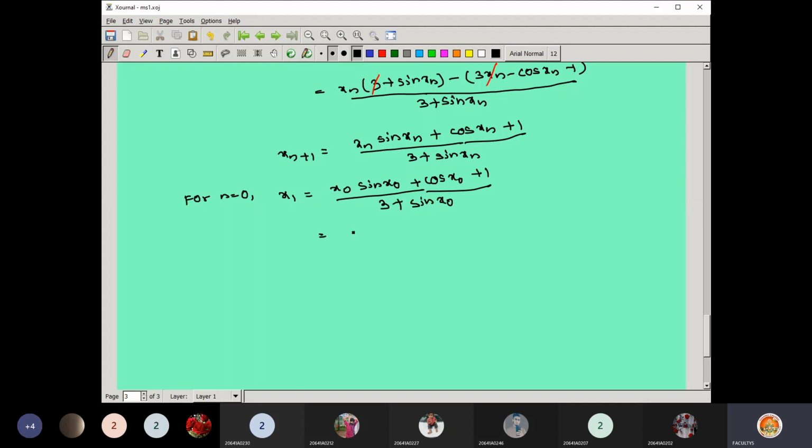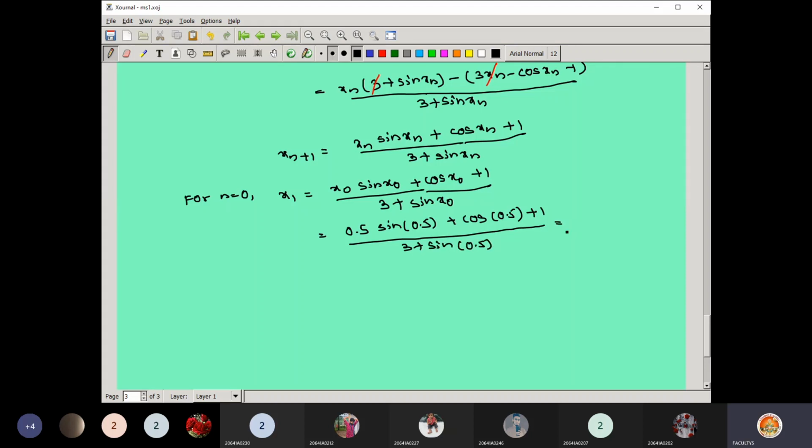I am just substituting the value. x naught is 0.5, so 0.5 sin 0.5 plus cos 0.5 plus 1, total divided by 3 plus sin 0.5.